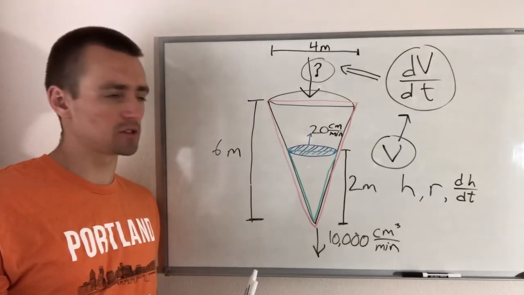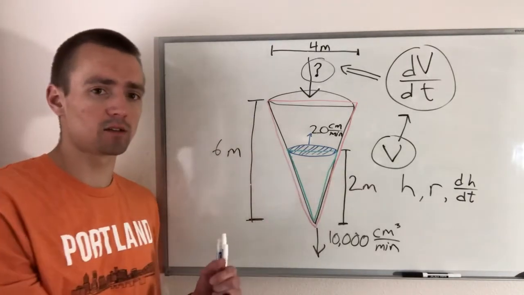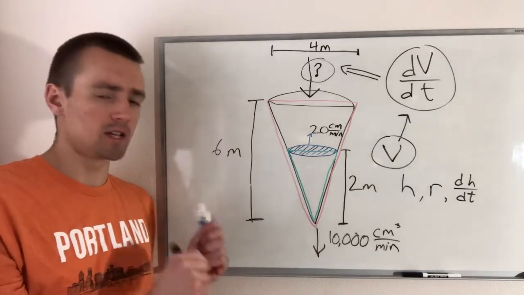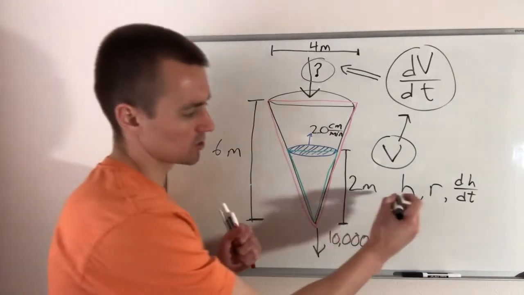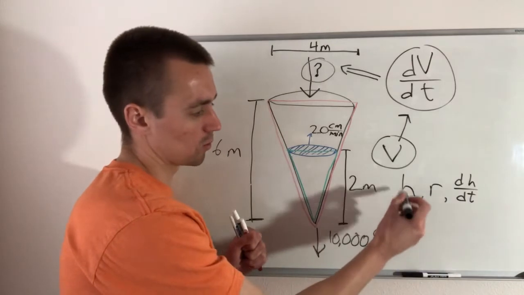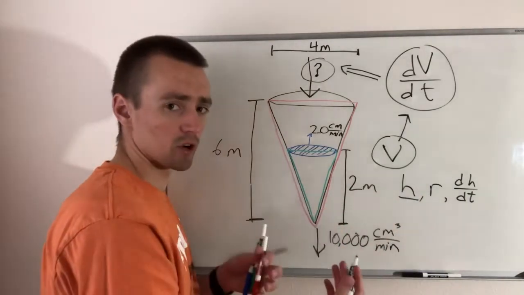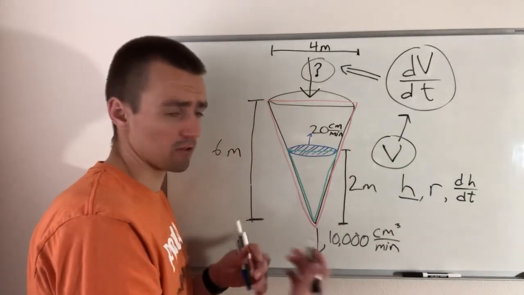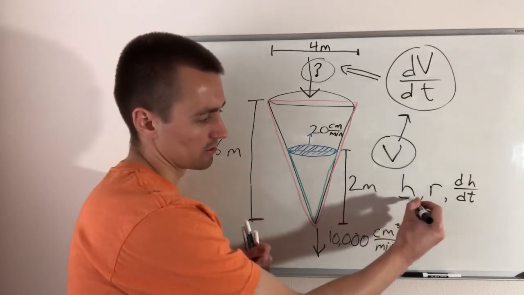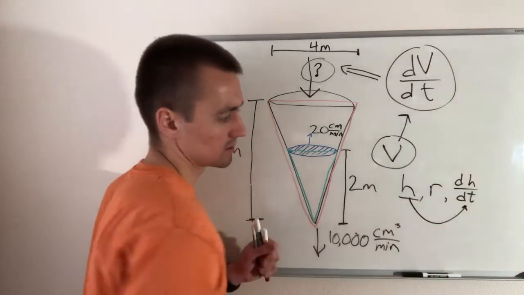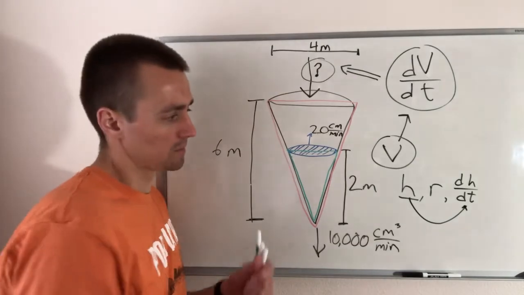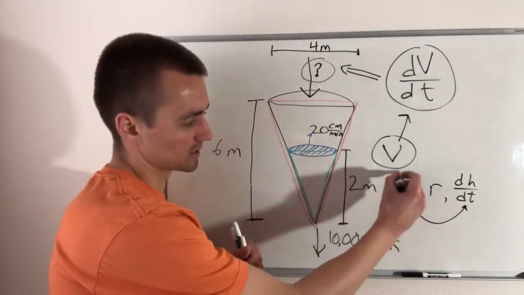So we don't want to put dh/dt into our equation. But it is okay to use h, because once we implicitly differentiate our equation, taking the derivative of h is going to give us something with dh/dt in it. So h is a good thing to have in our equation.